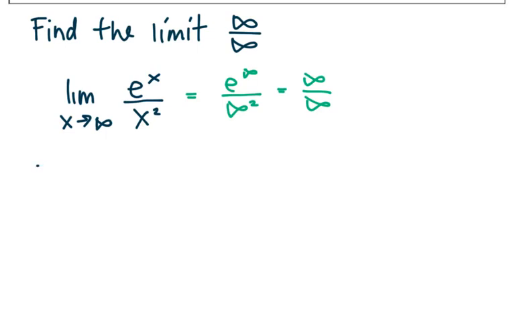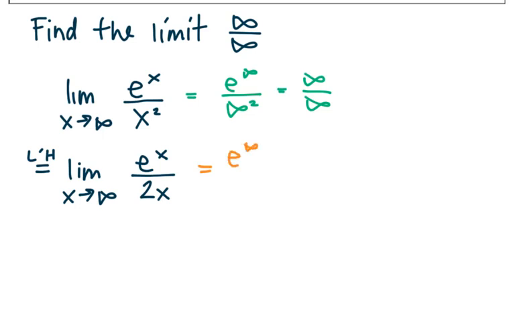So we'll apply L'Hopital's rule. This is the limit as x goes to infinity of e to the x, the derivative of that is e to the x, and the derivative of x squared is 2x. Again, if I try to evaluate this at infinity, I've got e to the infinity over 2 infinity, which is again infinity over infinity.